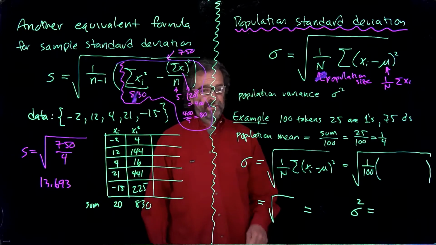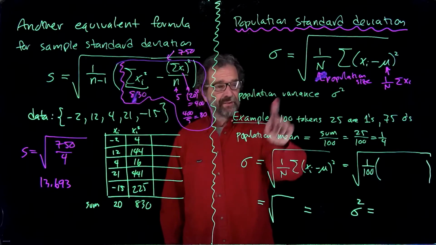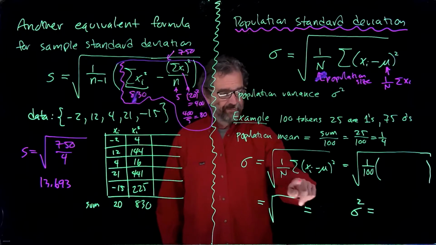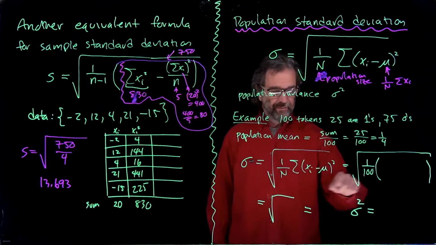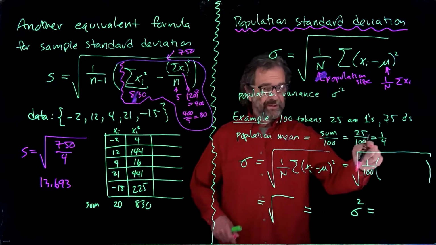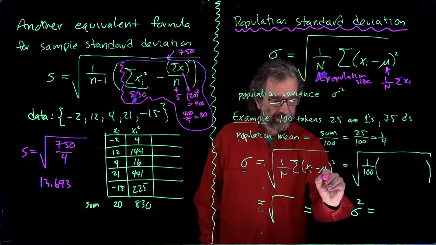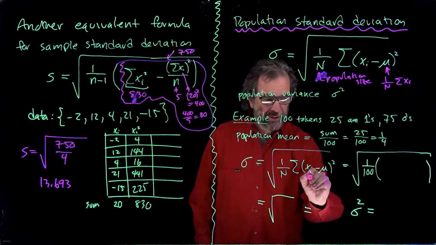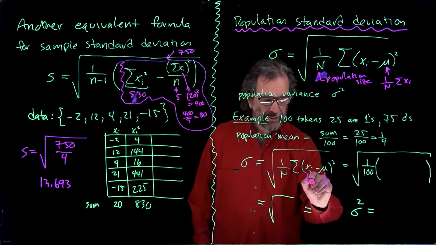And then I want to compute the population standard deviation. I'm using the formula 1 over n, which will be 1 over 100. Now, I've got to remember what the mean is here. So the mean is 1/4. And these numbers here are 0 or 1, depending.